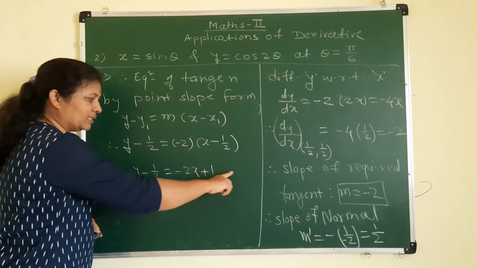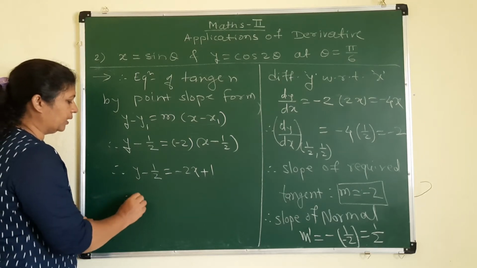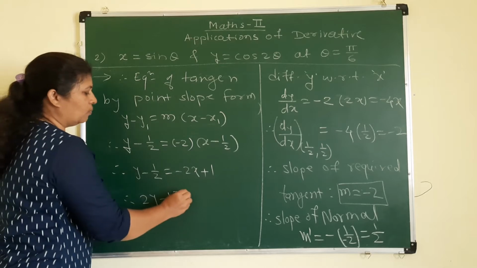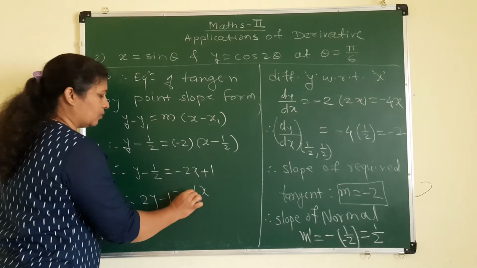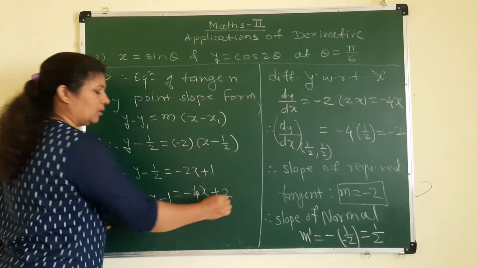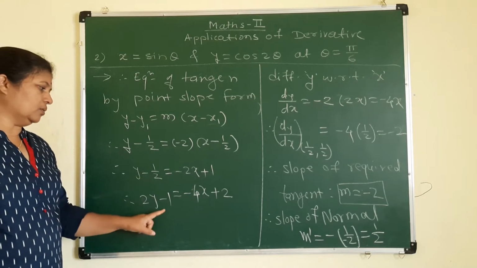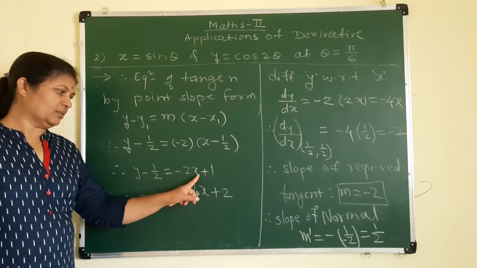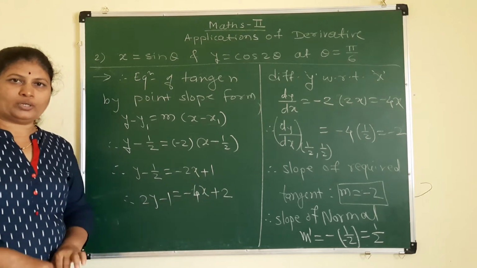Simplify this by multiplying by 2 on both sides. Therefore you will get 2y minus 1 is equal to minus 2x into 2, that is minus 4x, plus 2 into 1. So 2y minus 1 is equal to minus 4x plus 2. Got it?